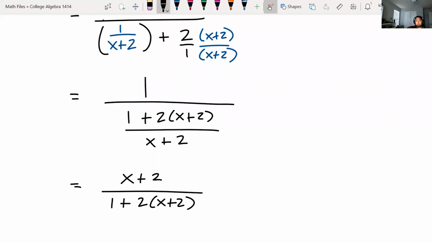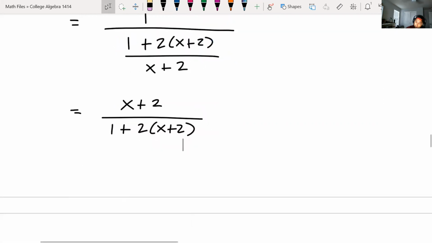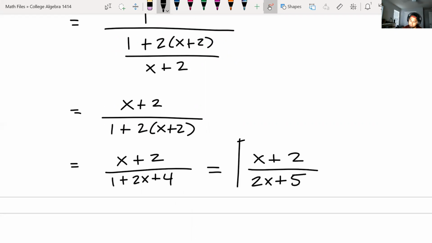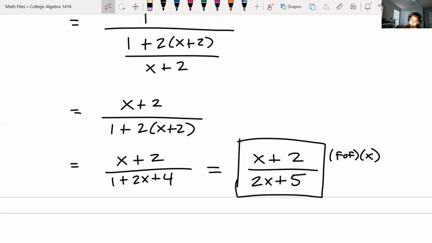Okay, so we reciprocated it, and now we simplify it. And we get x plus 2 over 1 plus 2x plus 4. Our final answer, x plus 2 over 2x plus 5. There's f compose f of x.